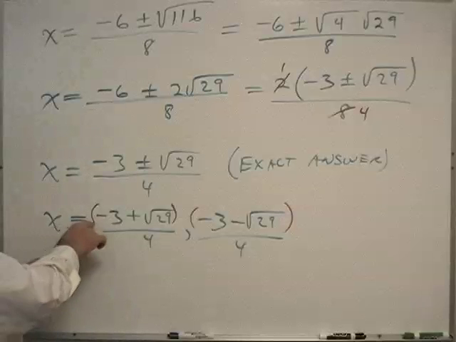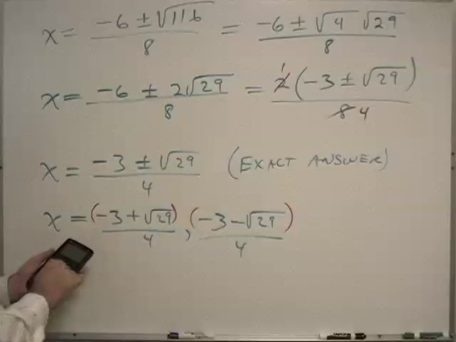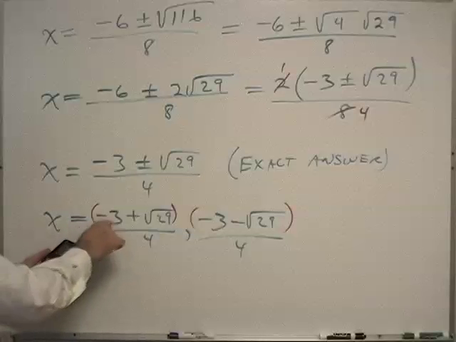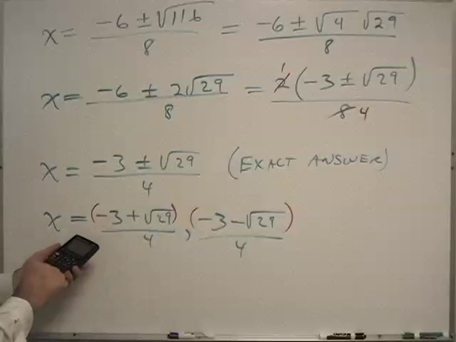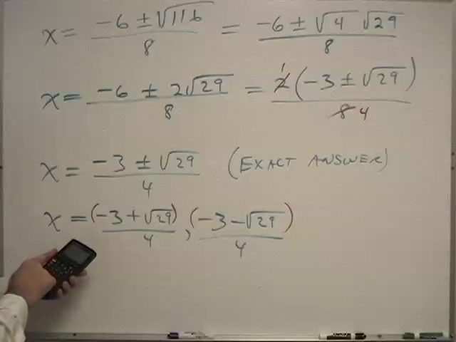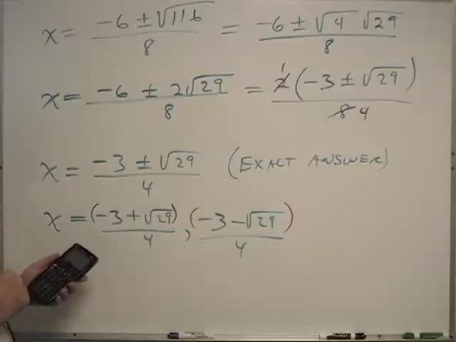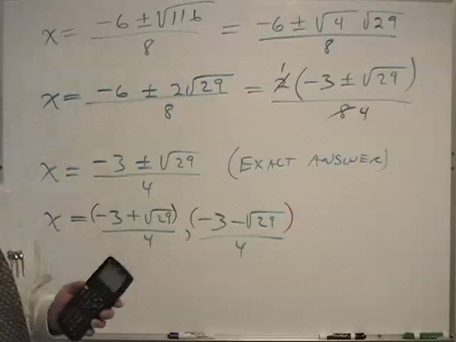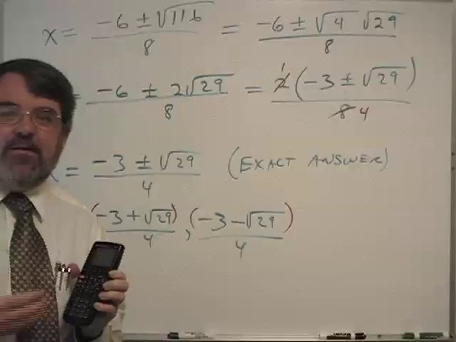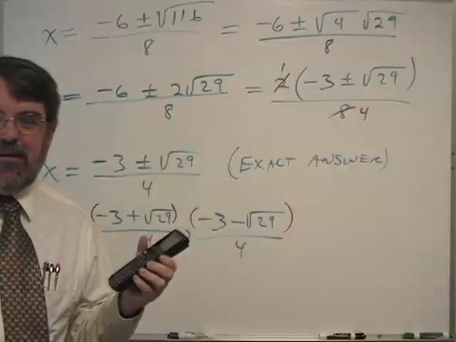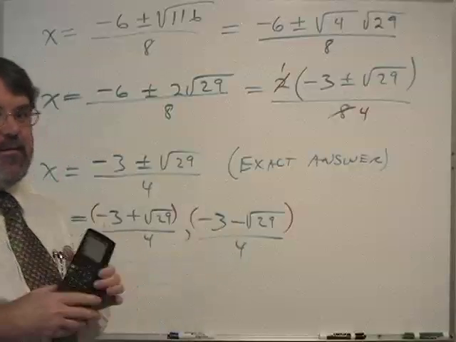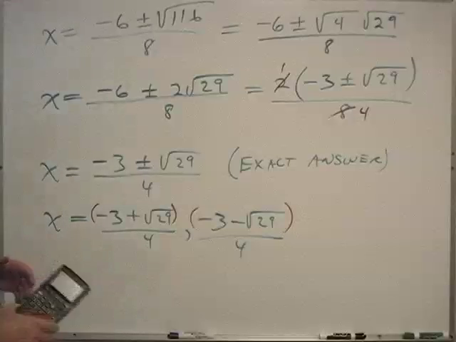I'm going to punch in left parentheses, -3 plus square root of 29, close parentheses. Now, some of you will punch it as I said it, and some of you need to do something a little different, because unfortunately not all calculators work the same.